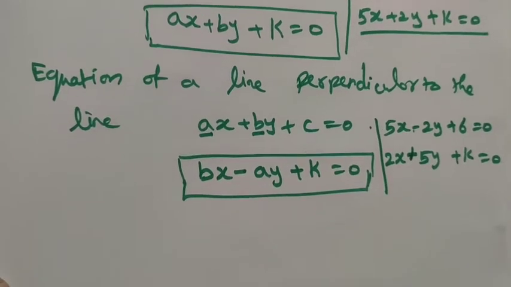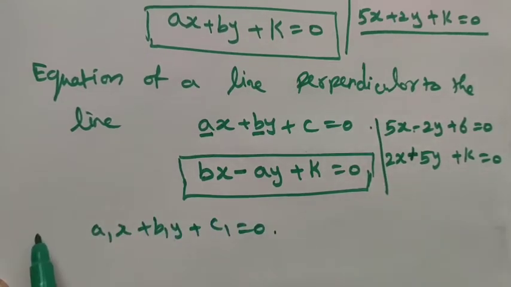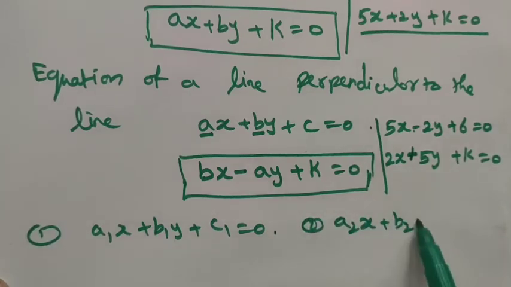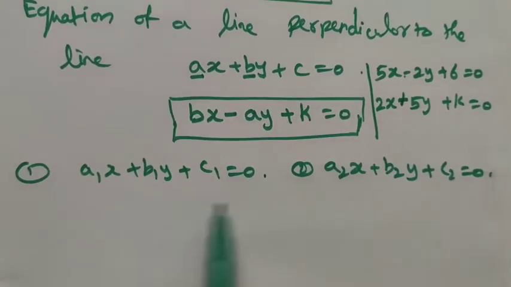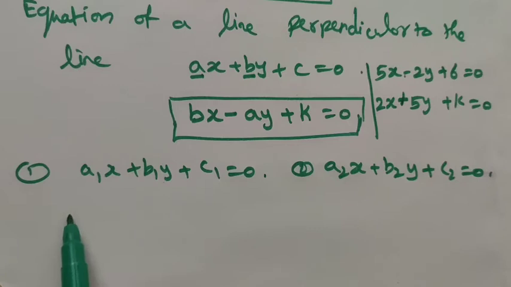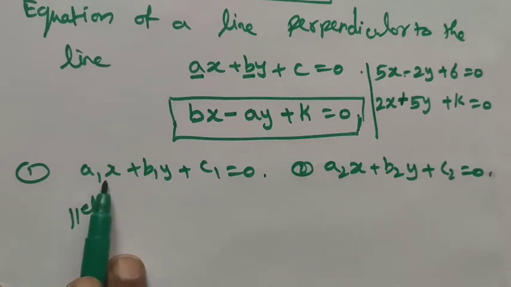Next, when two equations are given, let me take them as a1x plus b1y plus c1 equal to 0, the first equation, and the second equation as a2x plus b2y plus c2 equal to 0. To find the parallel condition of these two equations, the ratio of the coefficients of x is equal to the ratio of the coefficients of y.